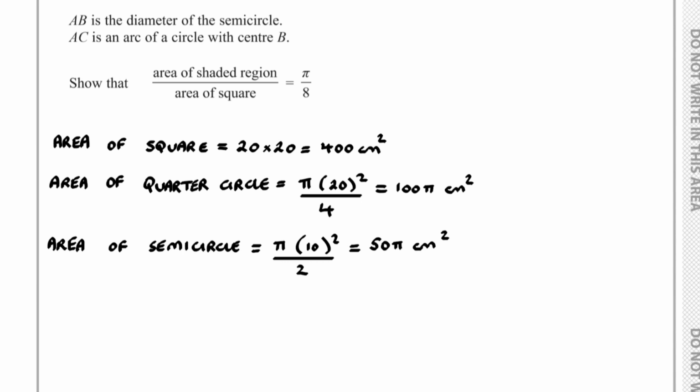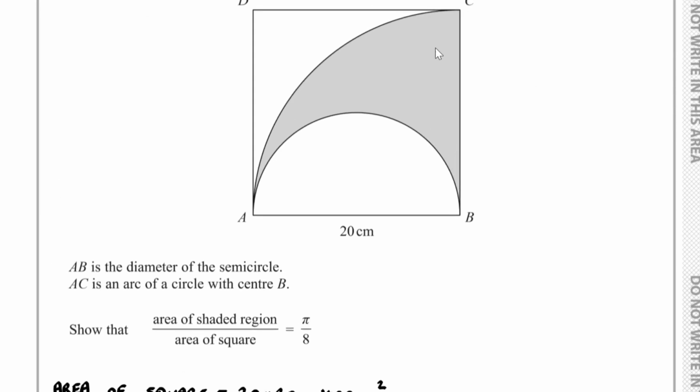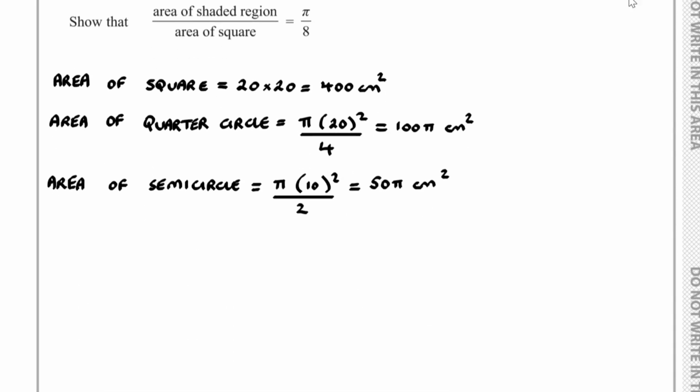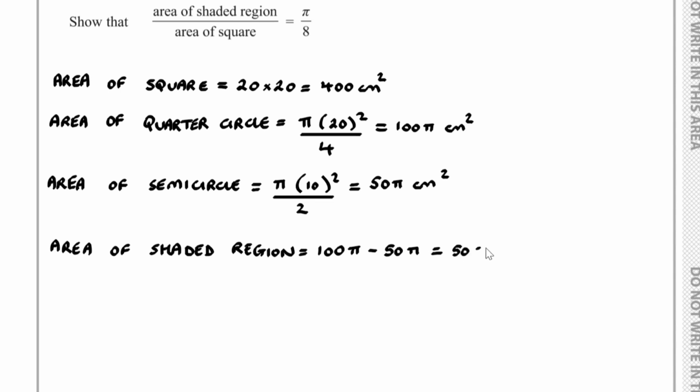And now we can find out the shaded area by subtracting the area of the semicircle from this quarter circle. So the area of the shaded region is equal to 100 pi subtract 50 pi, which is 50 pi centimeters squared.